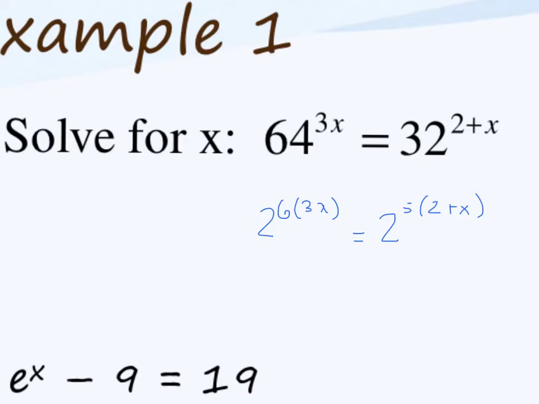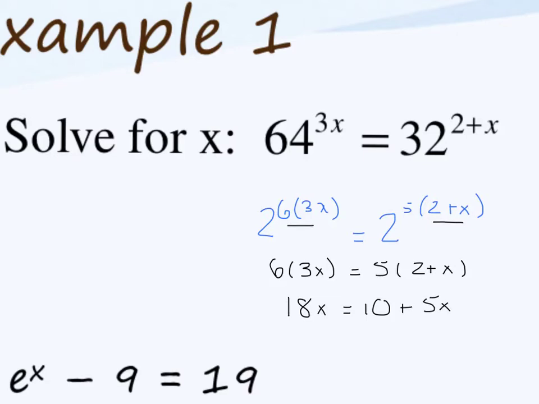So now I have equal bases, and because the bases are equal, I can say the exponents are therefore equal. So let's go ahead and rewrite that. 6 times 3x equals 5 times 2 plus x. 6 times 3 is 18x. Distribute that 5, we get 10 plus 5x.